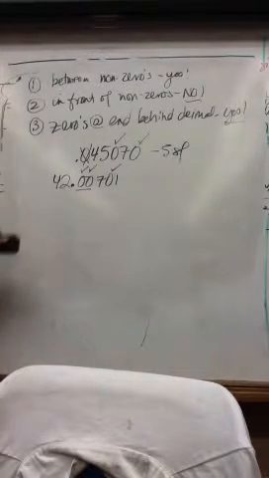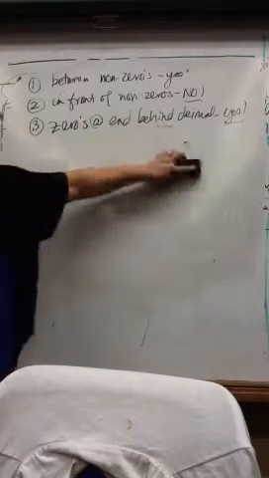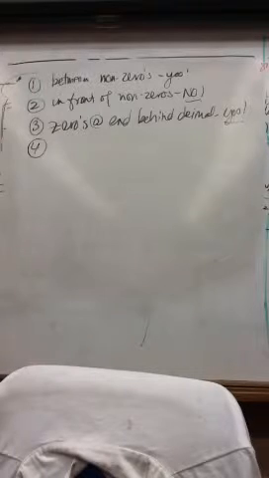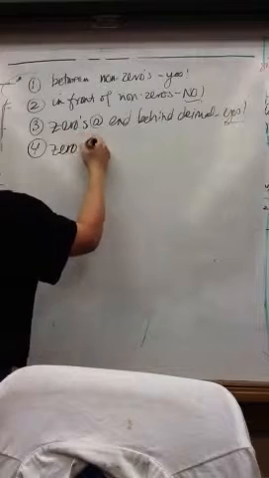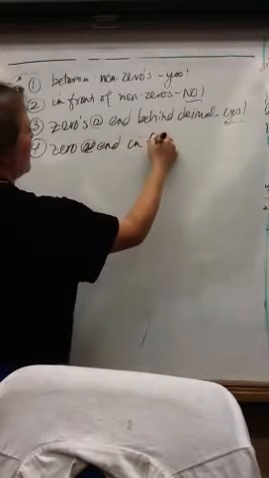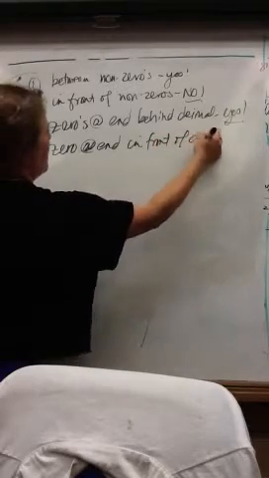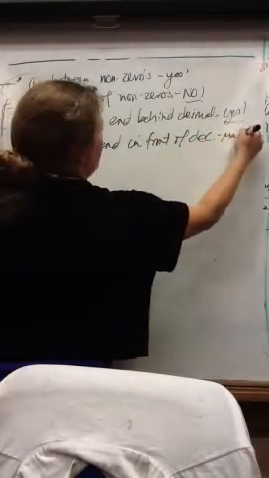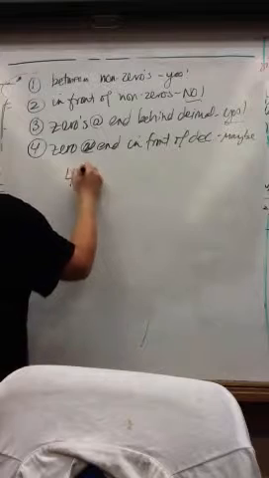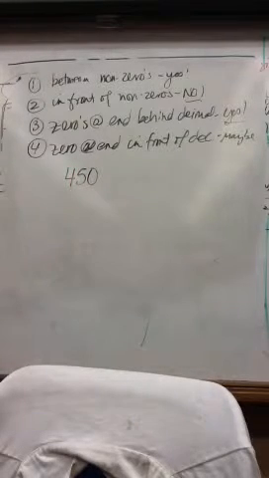Now, let's look at the strangest case of all. Zeros at the end of a number in front of the decimal. Maybe. It's the best we can do. So, if we have the number 450, that 0 is not significant.